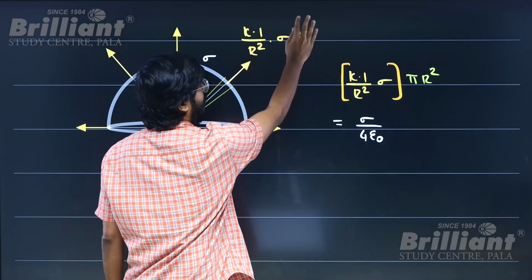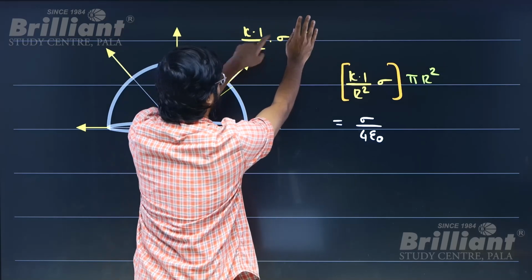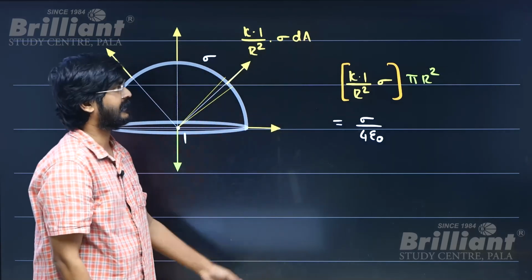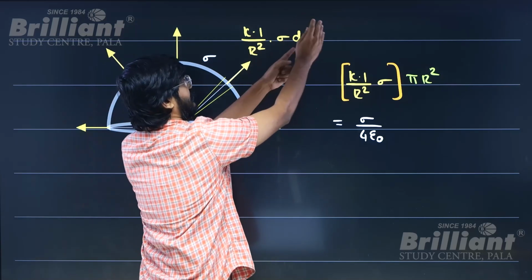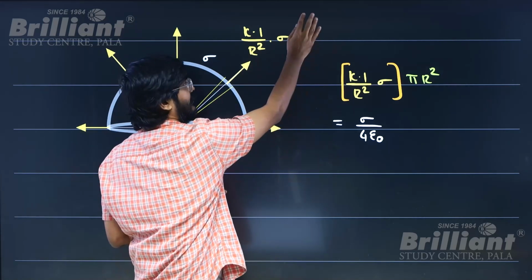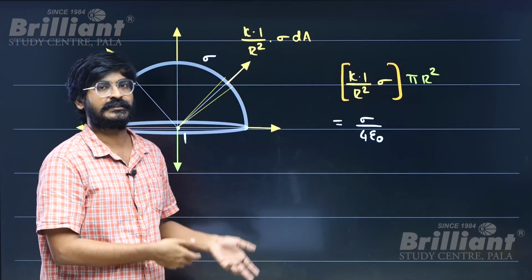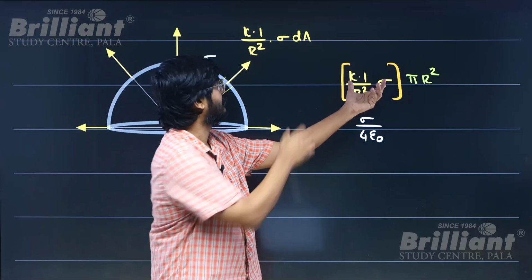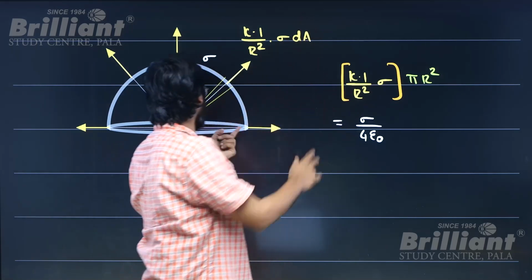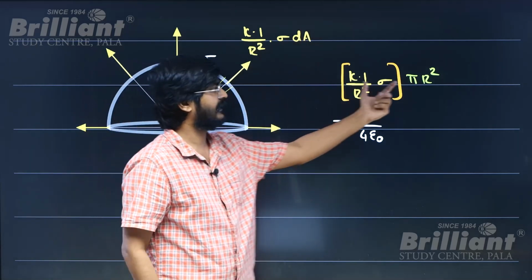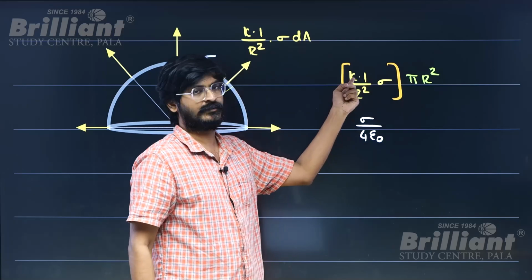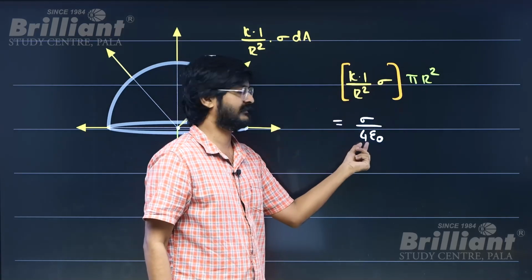If I divide by the area, it looks constant for every patch on the surface, like a constant pressure. Pressure times area will be force. Just now we have seen that when it looks like constant pressure, we can go with pressure times effective area. The effective area is the lid area, which is pi r square. When I substitute K as 1 by 4 pi epsilon naught, I end up with this answer.